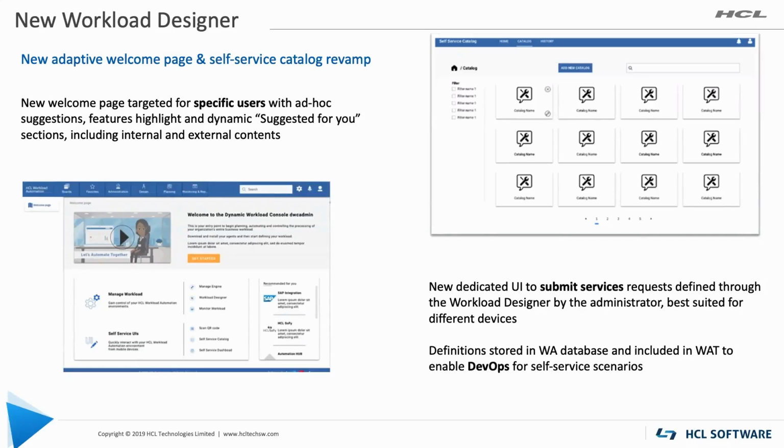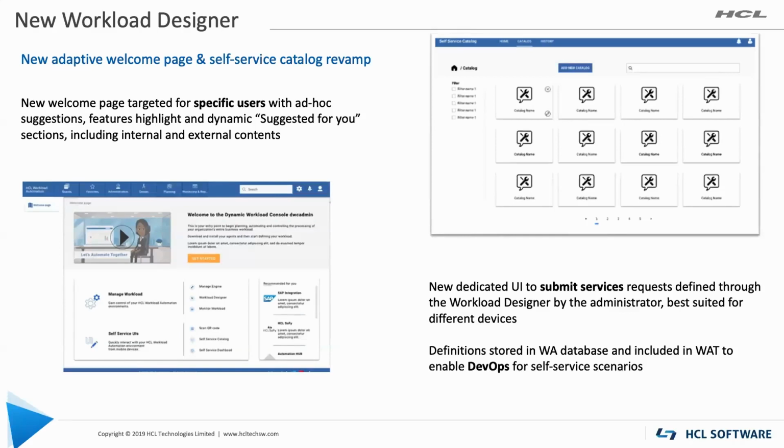So you can have a welcome page with a specific target for specific users. The other important part that will be added is the integration of the self-service catalog interface into the new Workload Designer.